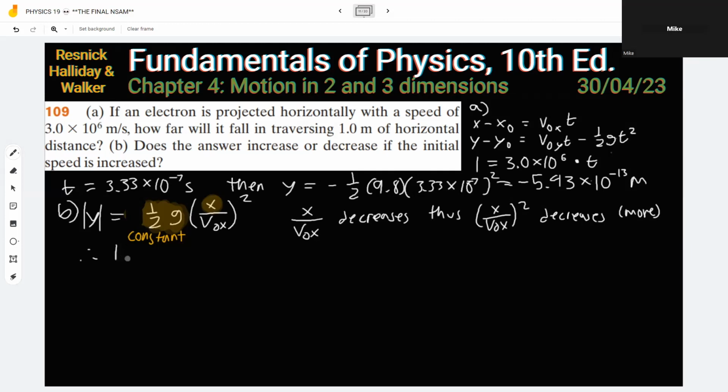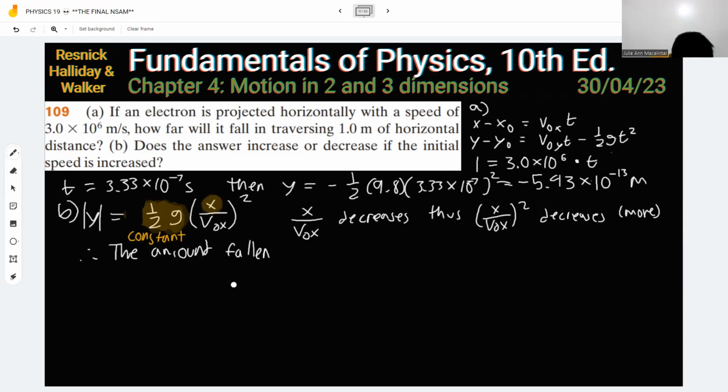Okay, now is this sensible from what we know of ordinary objects projected horizontally? I mean, pretty obvious naman that if you throw a baseball very slowly, then it will fall faster. So for the same amount of time, more fall, di ba?